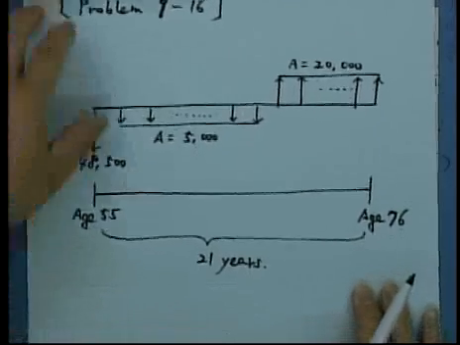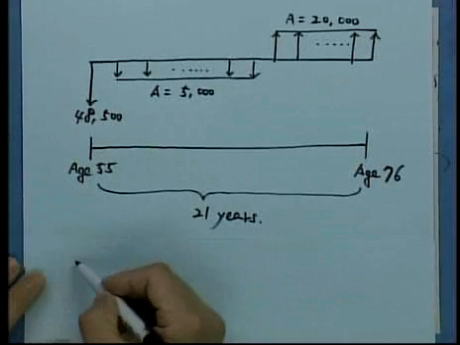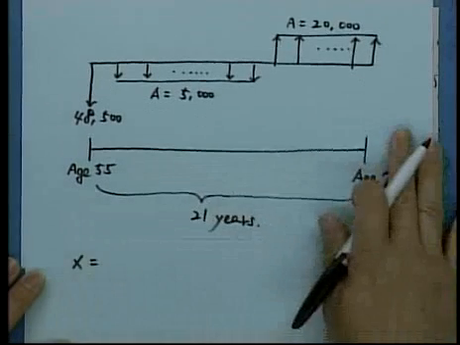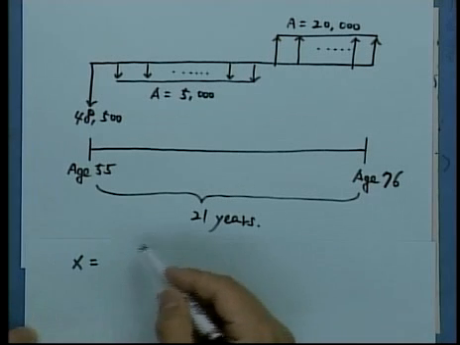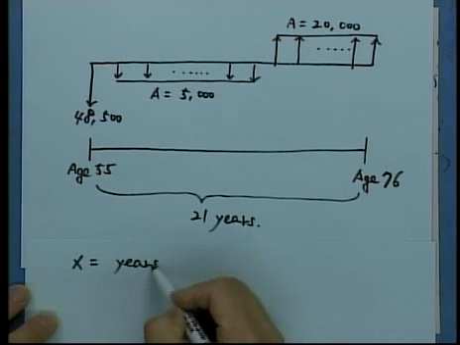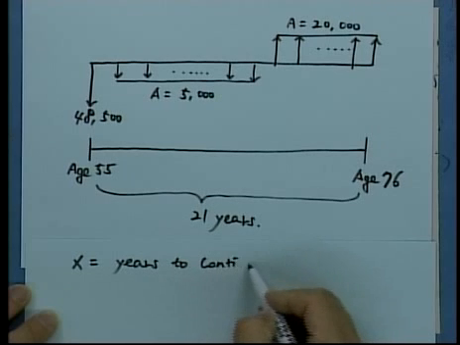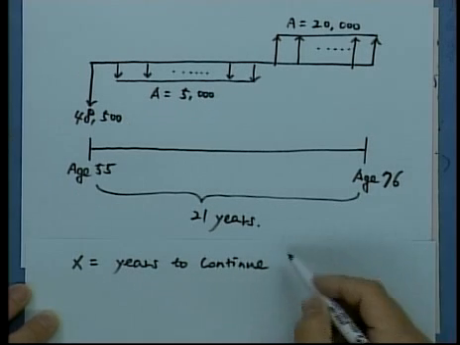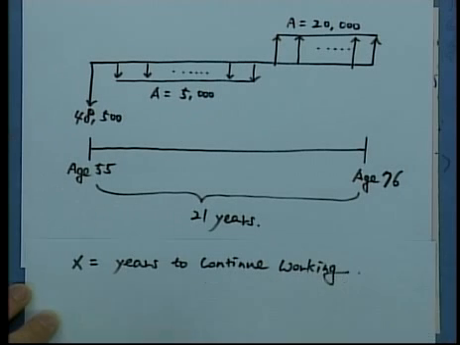So if I set x equals the years to continue working, then the age to retire will be 55 plus x years.